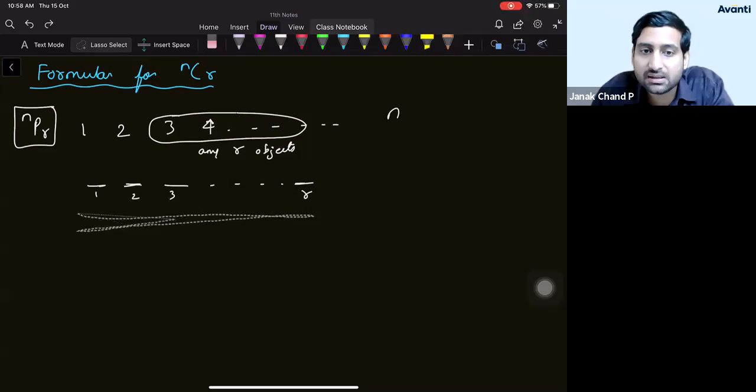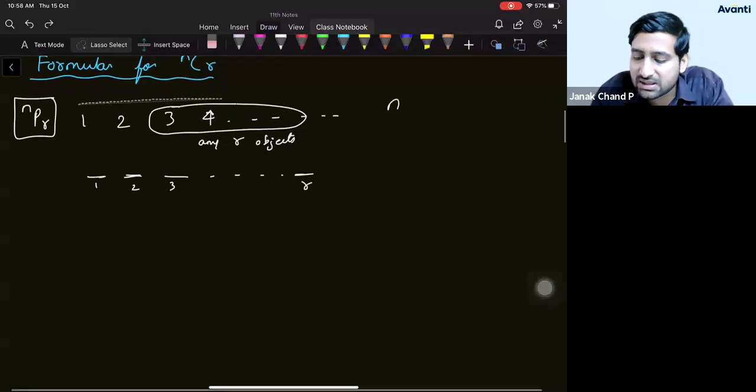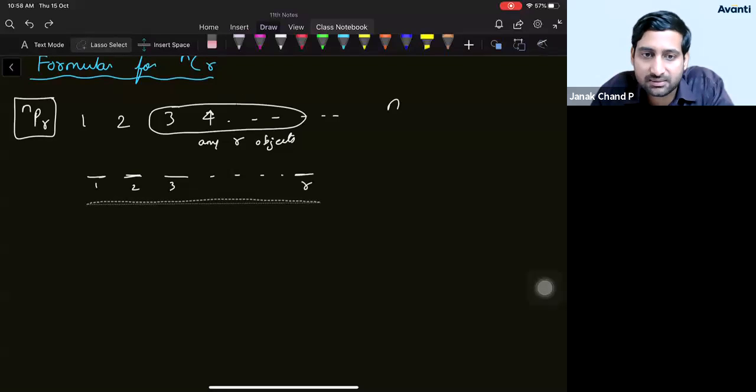So that means, student, if I go by the object approach, I should do two things. The first thing is I should first select any R objects. These selected R objects should then be put in R positions. The R objects in R positions can be arranged in R factorial ways. But before that, we should select any R objects.